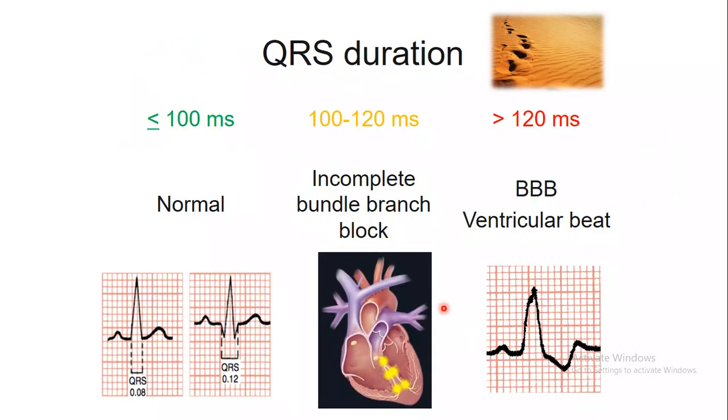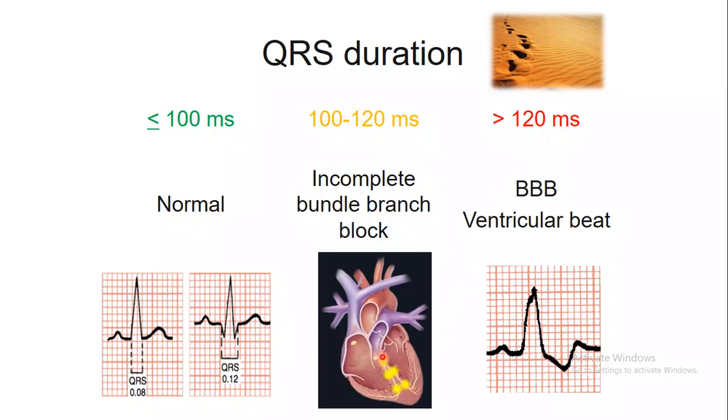Then we will comment on the QRS duration. The normal duration of the QRS complex is narrow, less than 100 milliseconds or 2.5 small squares. So when it is prolonged, or the QRS depolarization wave takes more time, this means that we have a problem in the ventricular conduction system or the His conduction system.